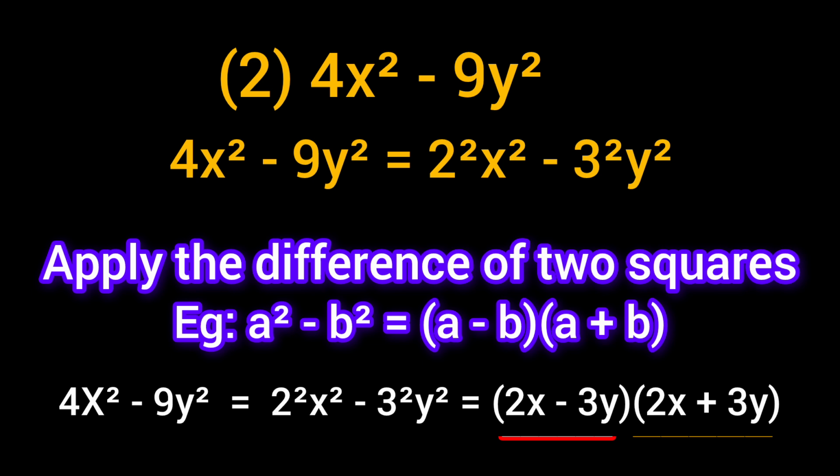By doing this, we have factorized 4x squared minus 9y squared to be equal to what? 2x minus 3y, open bracket, 2x plus 3y.